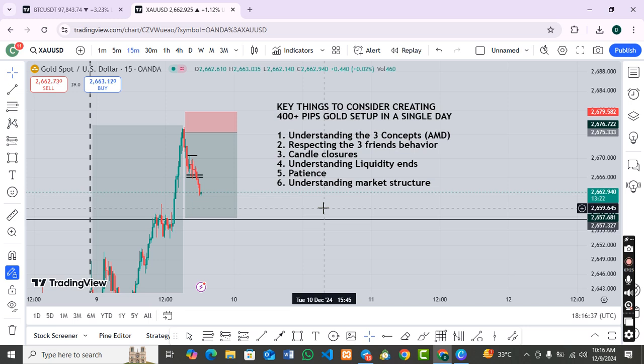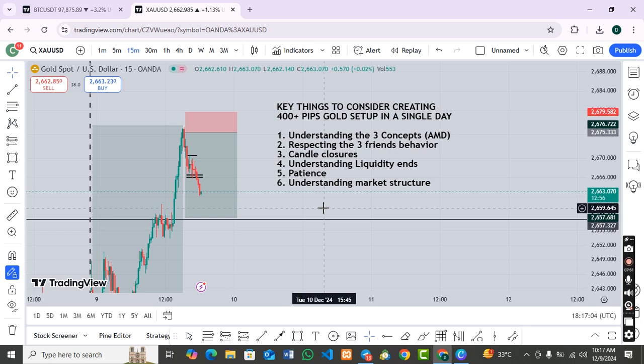Then these friends, the order block, the market shift, the fair value gap: anytime price creates or breaks a particular structure, and when I say structure, it could be a lower high or a higher low, anytime there is a break of structure or a change of character, two things happen. Take note: an order block will be created and a fair value gap will be created. Listen carefully.